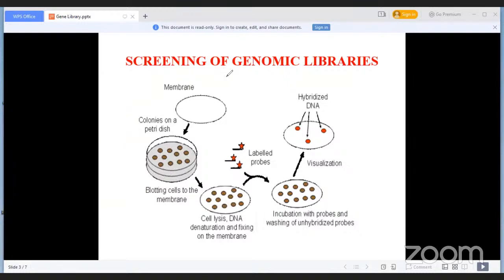For example, this is an organism. In this organism, you selected the entire DNA from a cell. So are all cells identical or not? Yes, sir, all cells have identical genes.